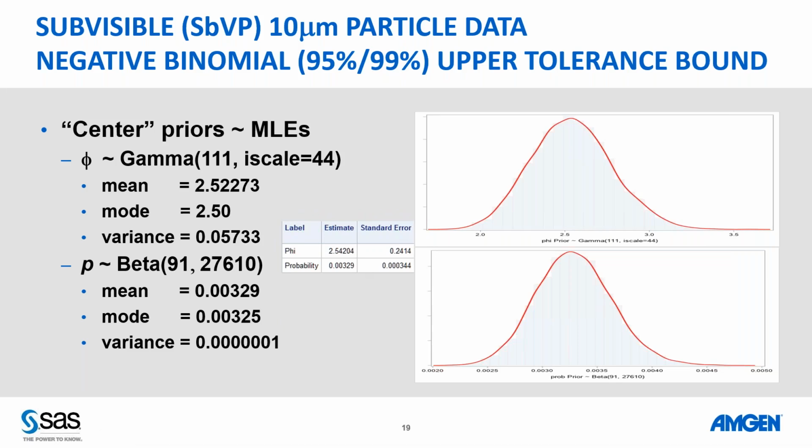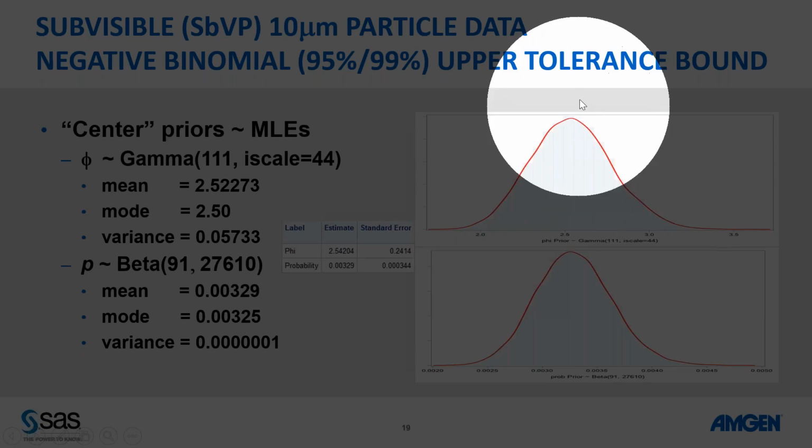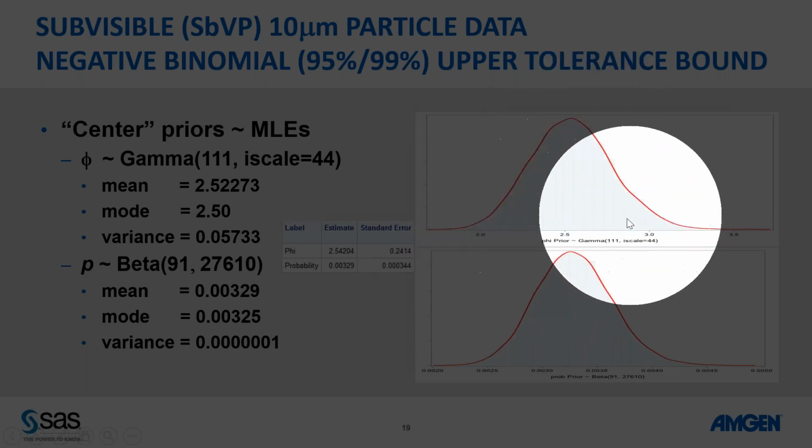So again, what we did was the following: we have an additional data set with 199 observations. We assume that it's also going to follow the negative binomial. There's a good approximation for that. We use maximum likelihood to estimate the phi and p from that distribution, and then we come into this macro and we want to find the parameters of the gamma that is going to be centered around the maximum likelihood estimate, and it's going to have that spread.